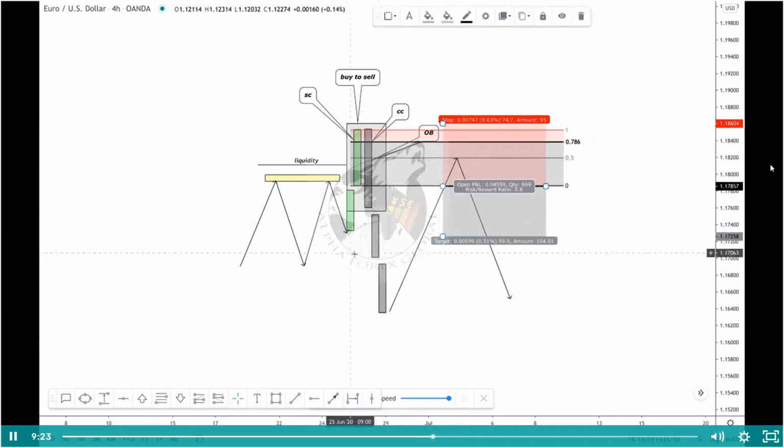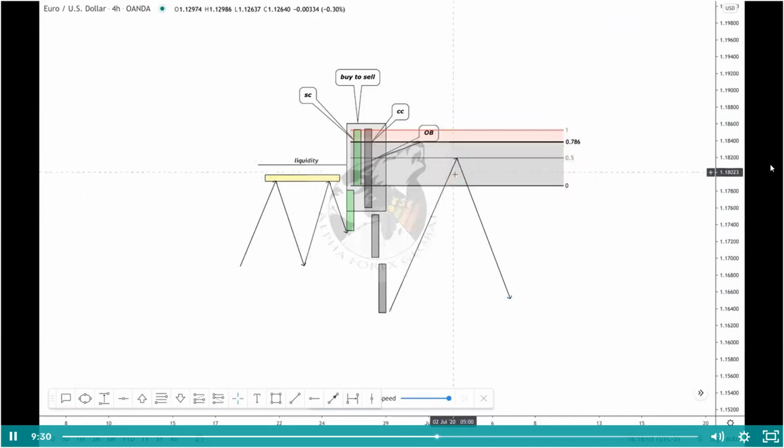So we just use these higher time frame order blocks as points of interest, and once price reaches within that point of interest, we then go down to a lower time frame to look for a market structure break, or the market taking out liquidity again on the smaller time frame, creating order blocks, and then we take entries based off those order blocks on the smaller time frame, because our stop losses will be smaller.